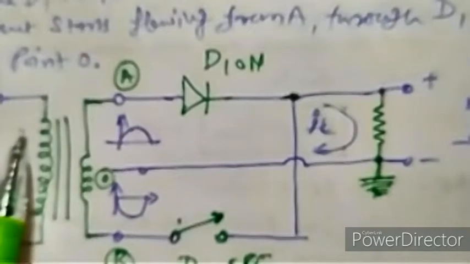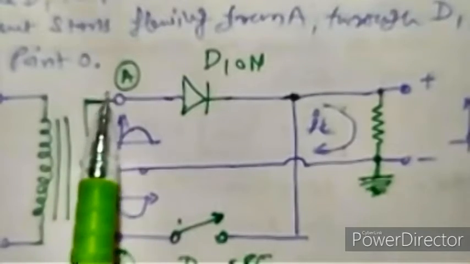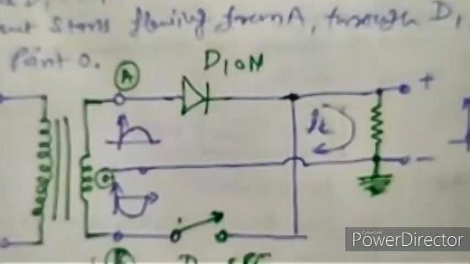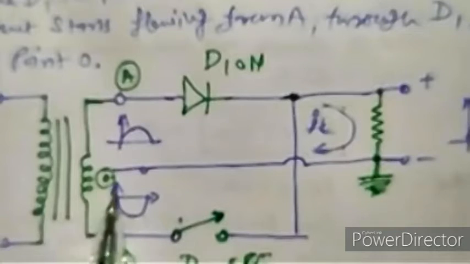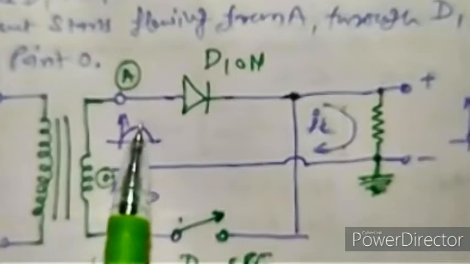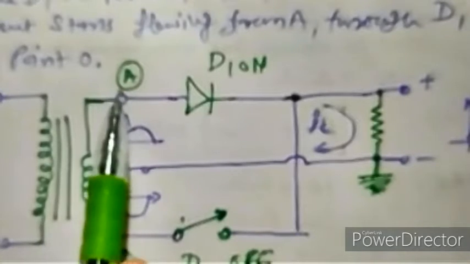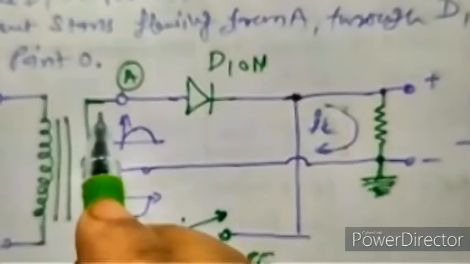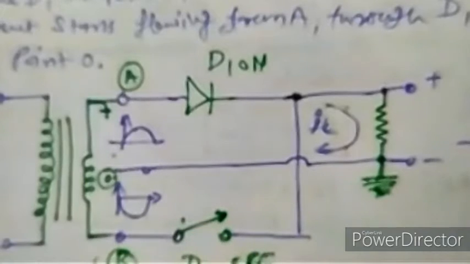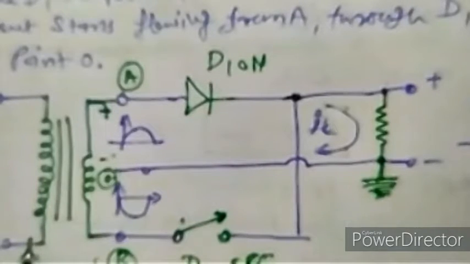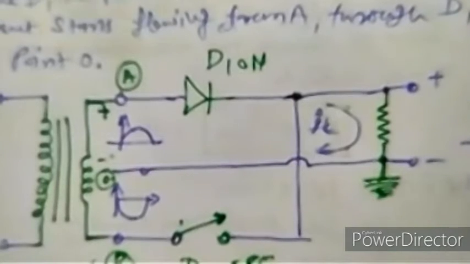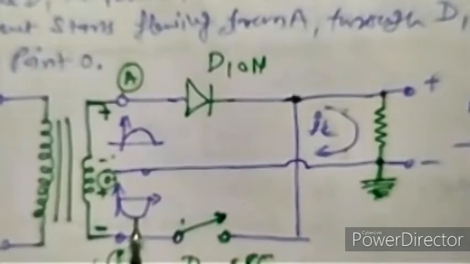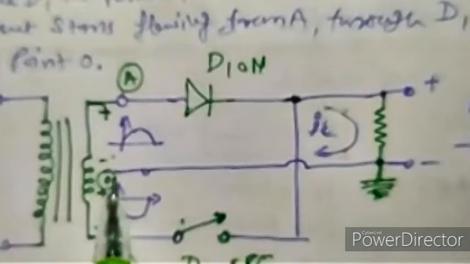The points are represented by A, B, and O. When the positive cycle comes, the voltage VAO across these two points is positive, and VBO is negative.